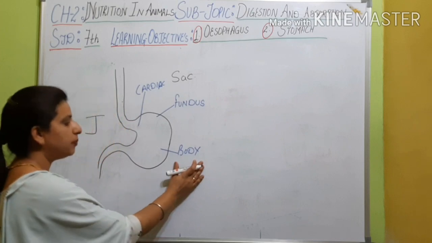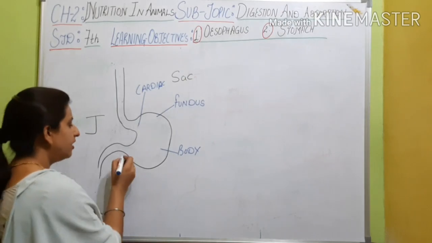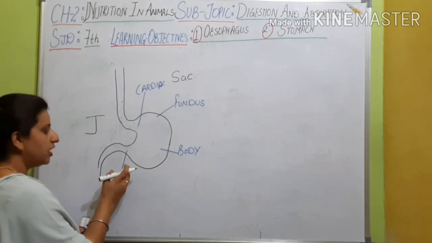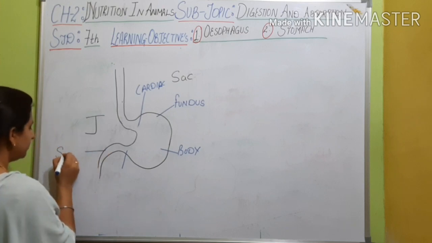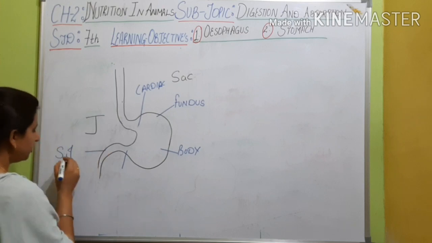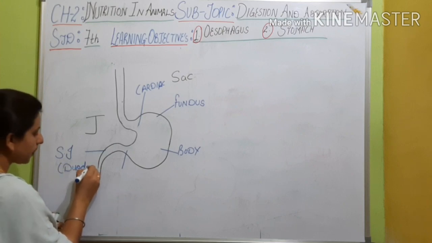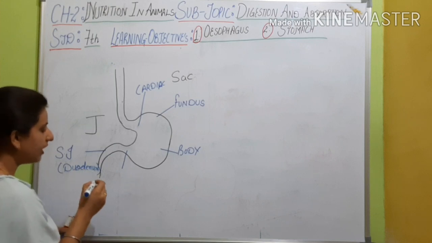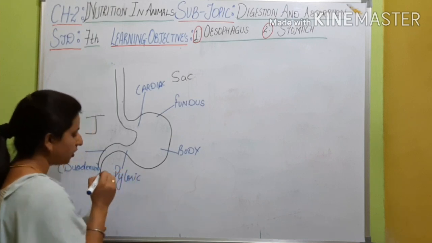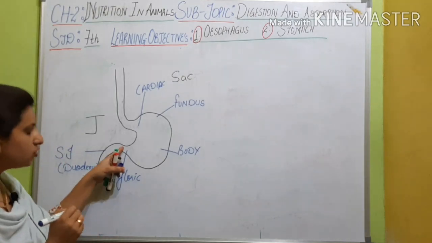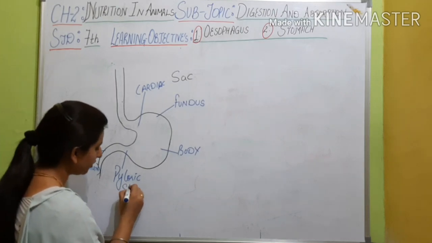Body means that part of the stomach in which the actual digestion takes place. The last part, which is the end of the stomach and the start of the small intestine or duodenum, is called the pyloric part. And here also there is a sphincter, called the pyloric sphincter.